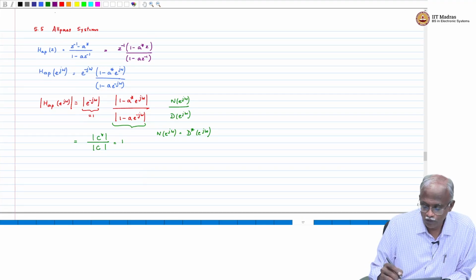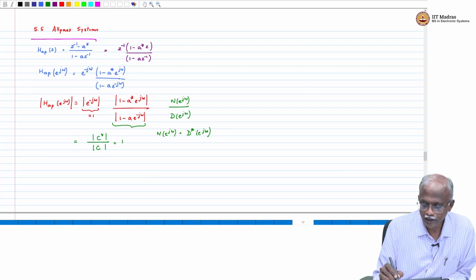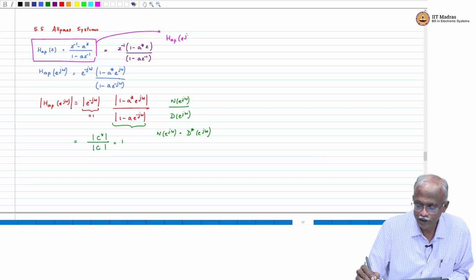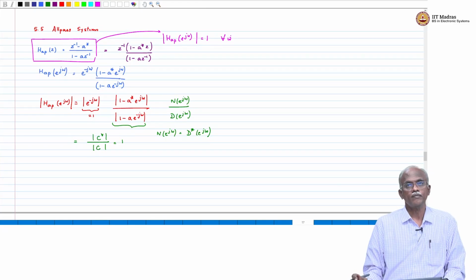So we have now verified that this transfer function has a very unique property, and that unique property is that the magnitude of H_AP(e^{jω}) is equal to 1 for all frequencies.